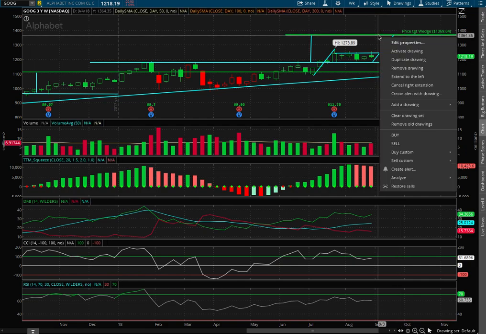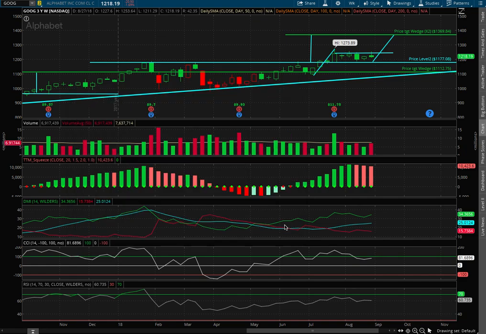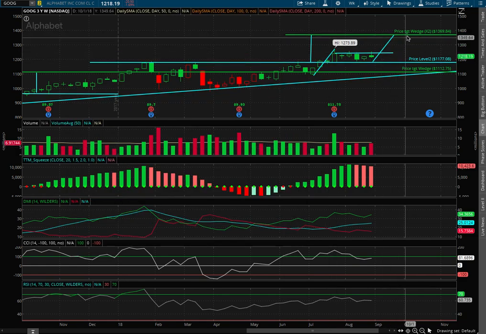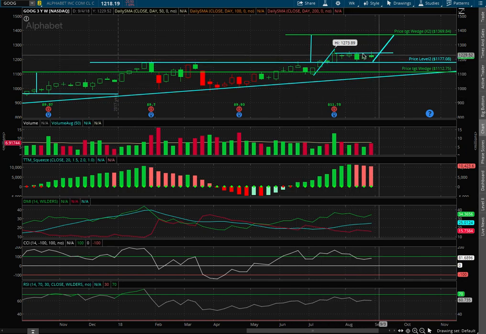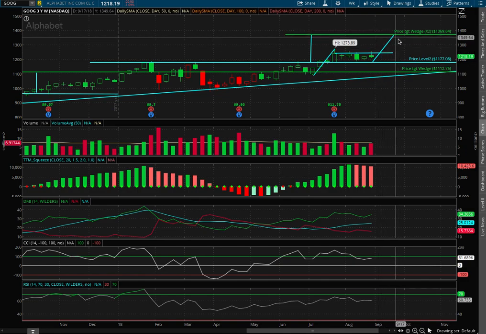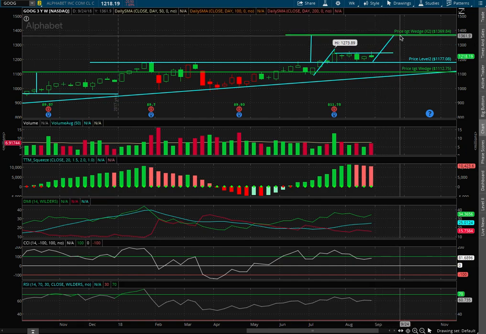So I know that's a good price target for my bull flag, my wedge. So I'm going to be anticipating a break of this resistance. And when I get that break of resistance, I know that in time, whether that's sooner or later, it's going to hit that price target.